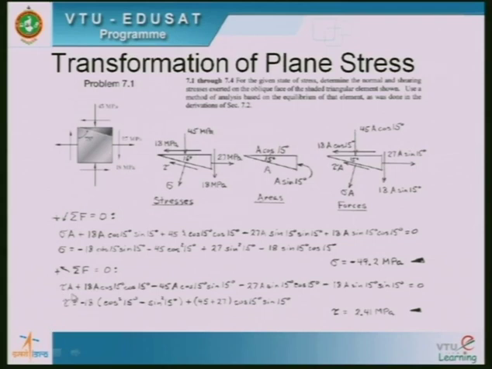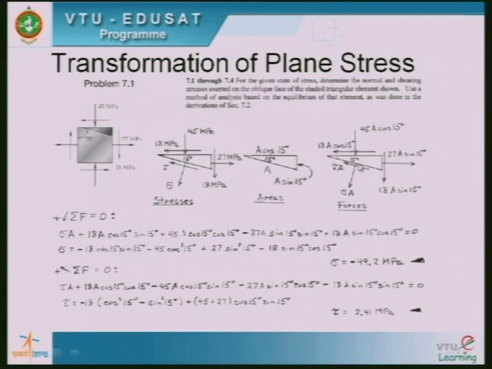So we get tau A plus 18 A cos 15 degrees, which is this force, and if I resolve this along this plane, I multiply with cos 15 again, and it has the same sense as this, so it is positive. Next, we take 45 A cos 15 degrees.